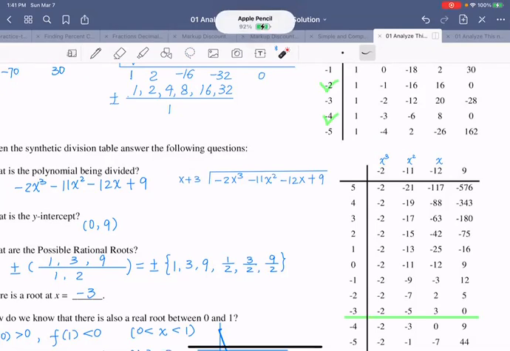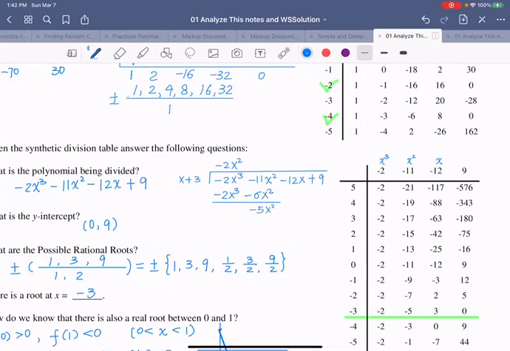Okay. So first at the top, you write -2x squared. And then at the bottom you write -2x cubed minus 6x squared. And then you subtract it, so that cancels out the -2x cubed, and that becomes -5x squared.